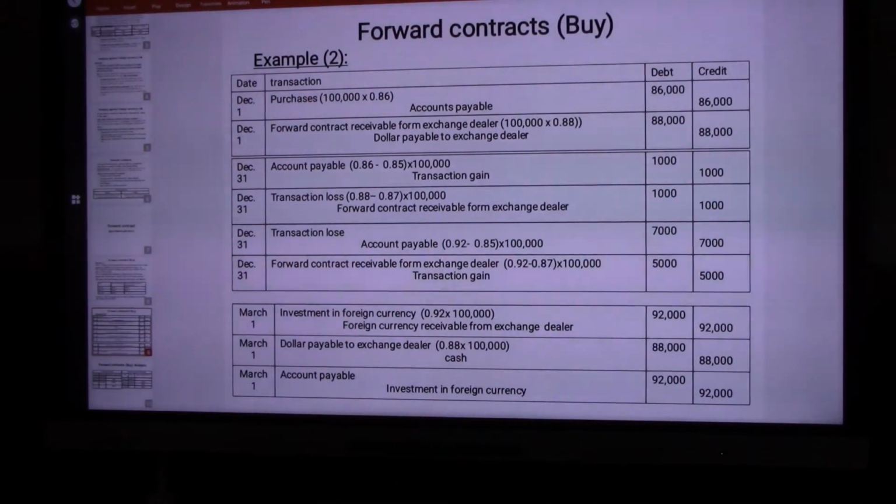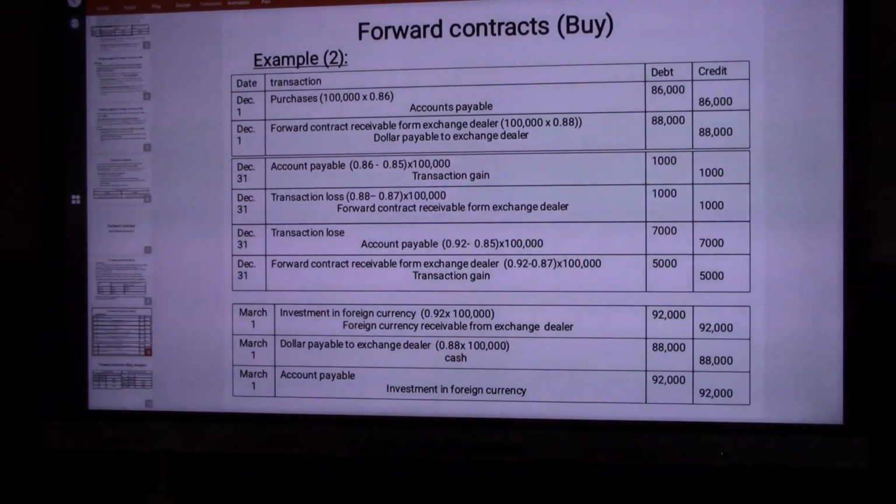So the first journal entry will be from investment in foreign currency 92,000 to forward currency receivable from exchange dealer 92,000. On the same date he provided me with the investment, so I'm expected to pay him. So dollar payable to exchange dealer to cash.